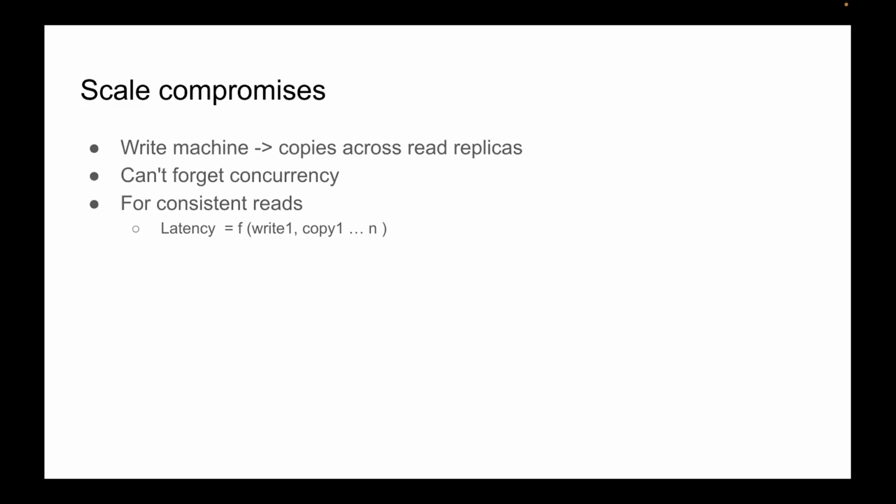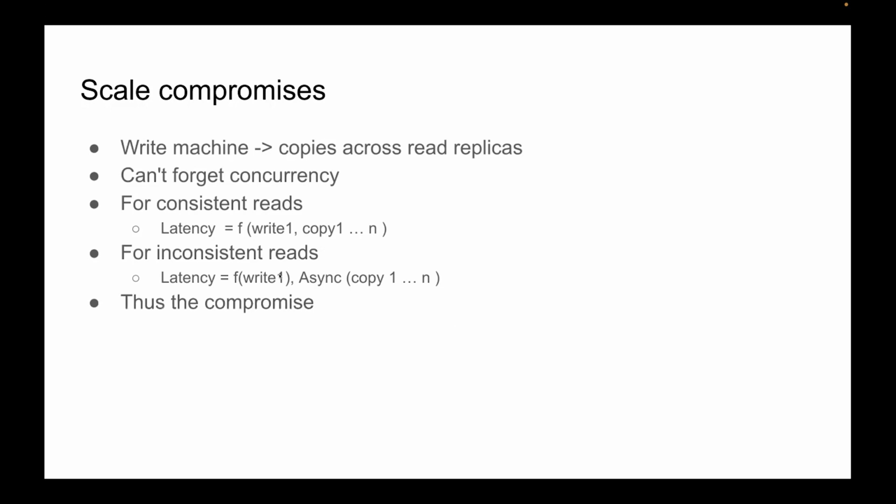So if I need consistent reads, I will have enormous latency, because my latency is now a function of waiting for all the copies to be successful. Only then can the acknowledgement go back. Whereas if I say I don't want consistent reads, my latency will be very fast. It is just a function of one write, and all the copies will be asynchronous. I don't have to wait until the copying is done.